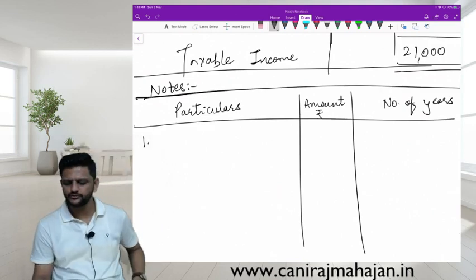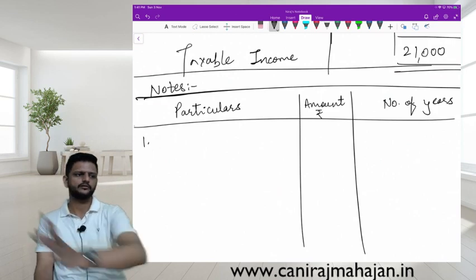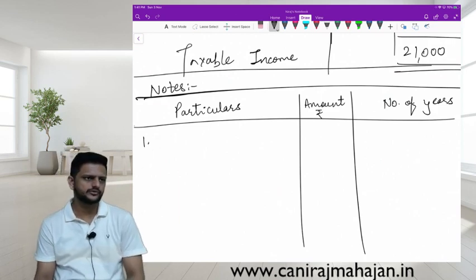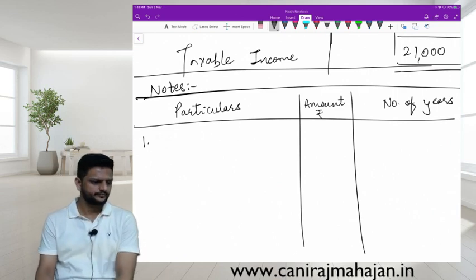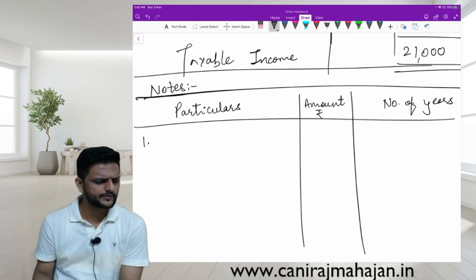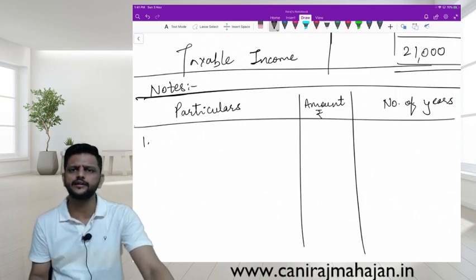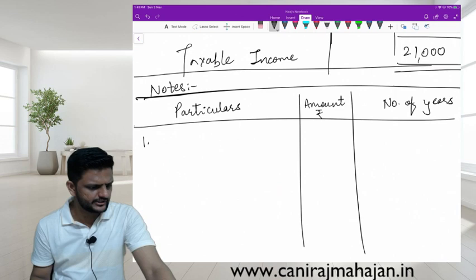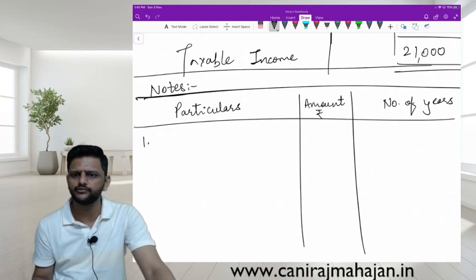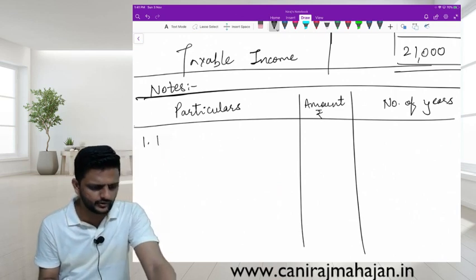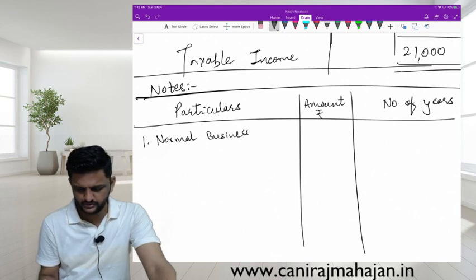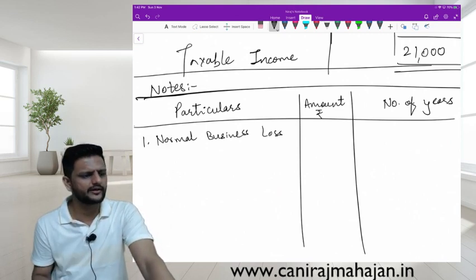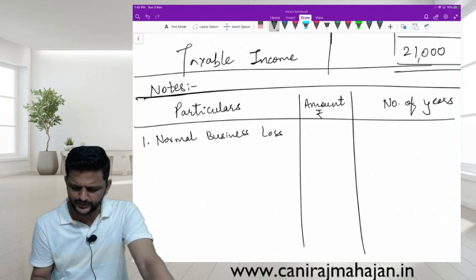This is the easiest way to show the entire answer instead of writing textually each and every loss. Now again go back to the question and check which loss remains. Go as per sequence. Whether HP loss is completely set off. Whether normal business loss is set off. First one, normal, it is non-speculative, no? So normal business loss. How much is the loss? You need not write again in bracket. How much is this? 22,000.